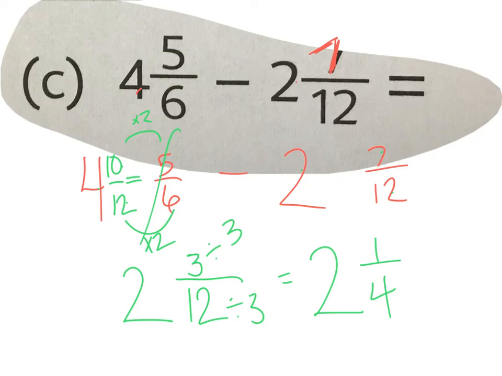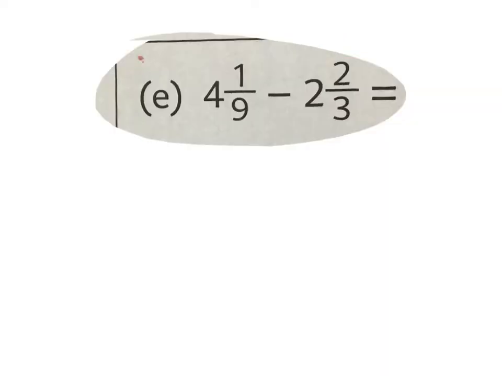Let's try another one. The big thing I want you to get right here is don't subtract them right away, and you'll see why in this one. So I have 4 and 1/9 minus 2 and 2/3. Now we need to change the denominator.